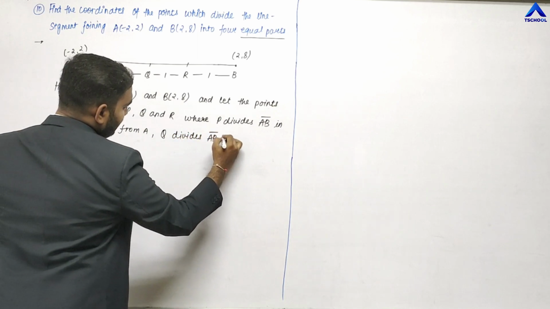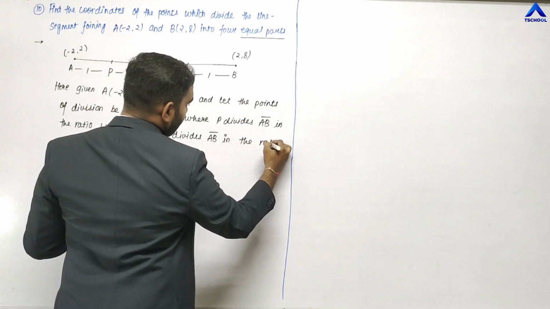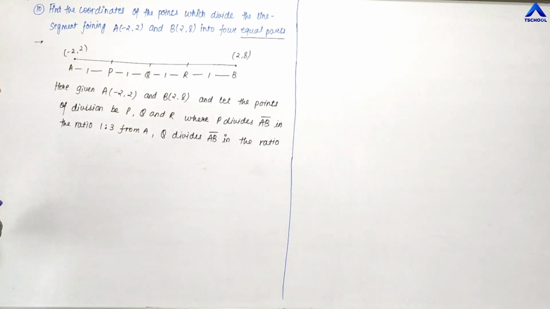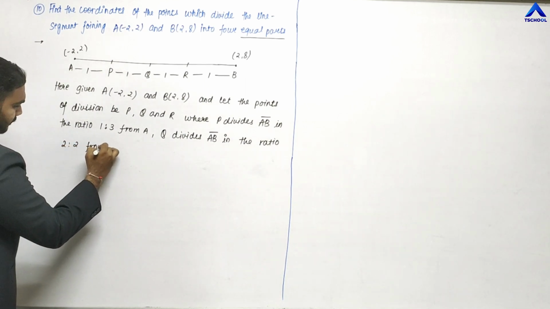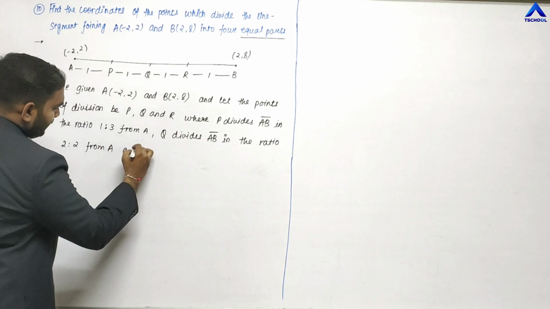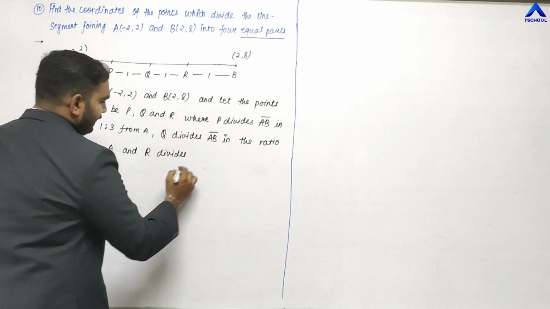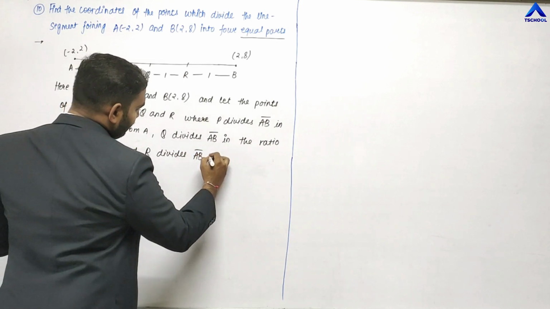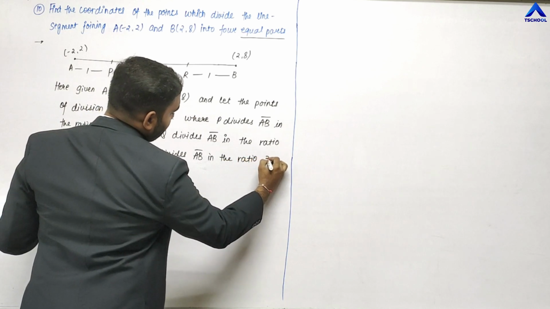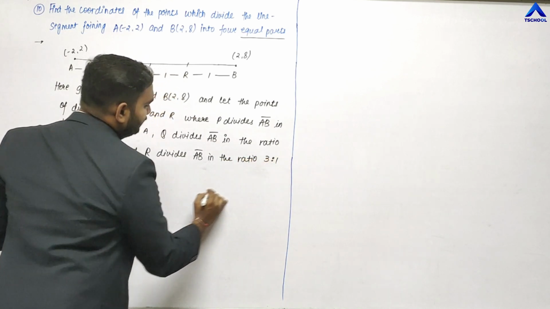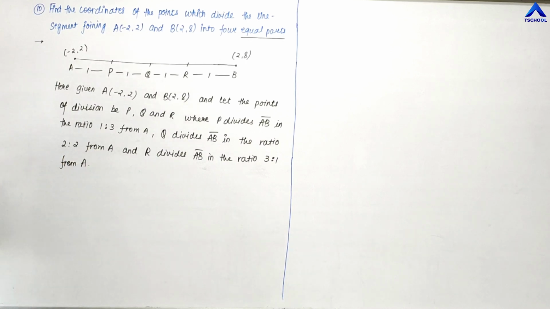Q divides line segment AB in the ratio 2:2 from A, and R divides line segment AB in the ratio 3:1 from A, right?